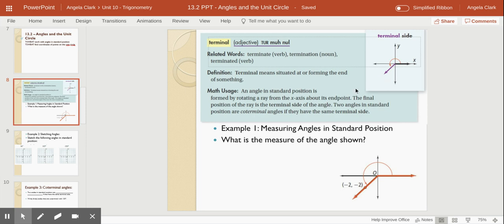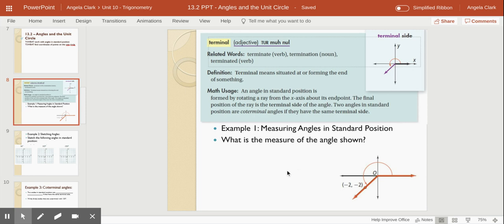So that is that. If we call two angles coterminal, coterminal means that they have the same terminal side. So if I have two angles that look exactly the same, like say I had the positive version and the negative version, they have the same terminal side, but I'm just measuring them in a different way, I would call those coterminal angles.